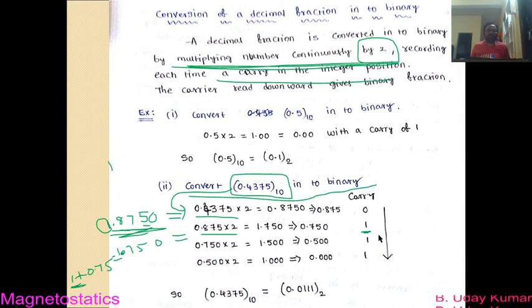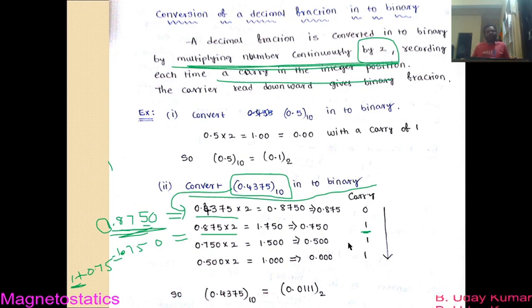You write them in descending order. Descending means from upper carry to lower carry, you have to write it down. That means you have to read the carries in downward direction. So if you do so, you get 0.0111011. So that is what you get here.